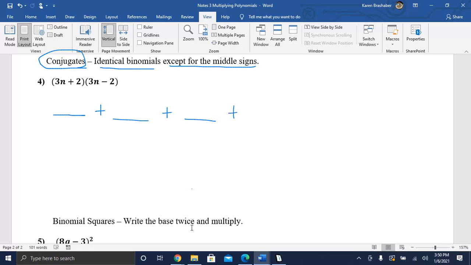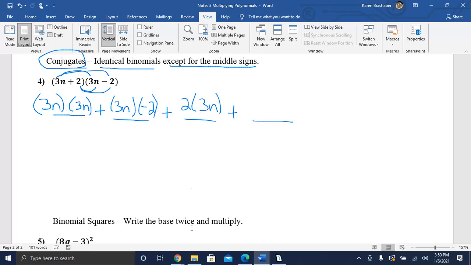So 4 blanks. We'll take 3n times 3n, then 3n times negative 2. Then we'll come back here, we'll take positive 2 times 3n, and positive 2 times negative 2.